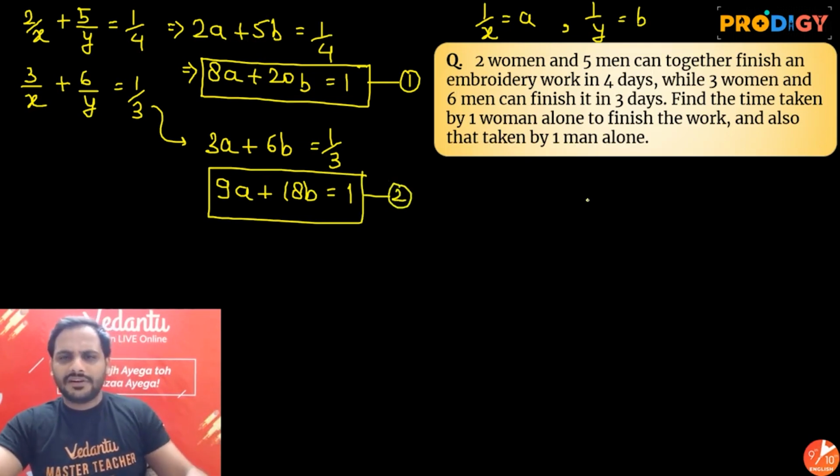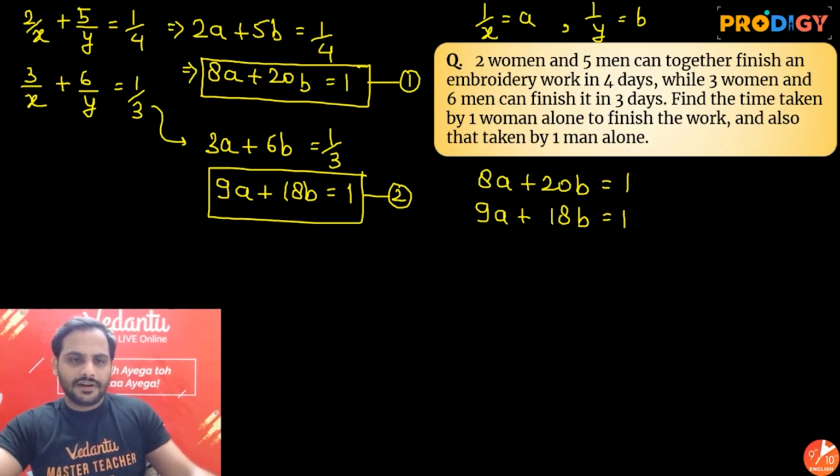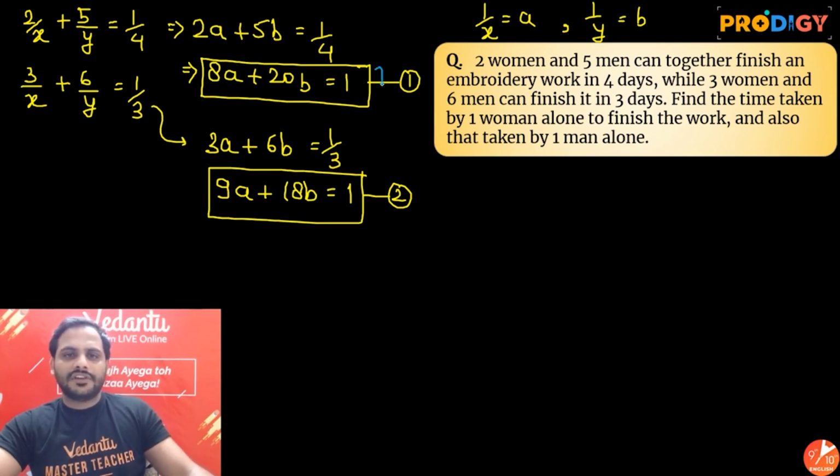Let's use the elimination method. We have 8a plus 20b is equal to 1, and 9a plus 18b is equal to 1. Let's directly do the multiplication. To eliminate a, I will multiply the first equation by 9 and the second equation by 8.